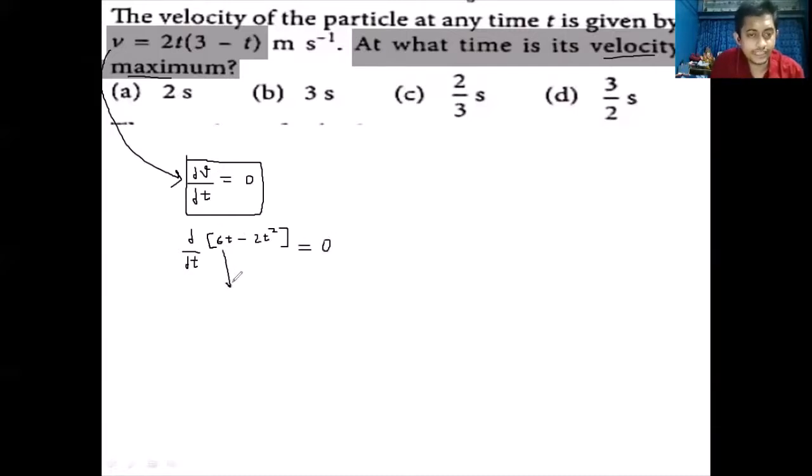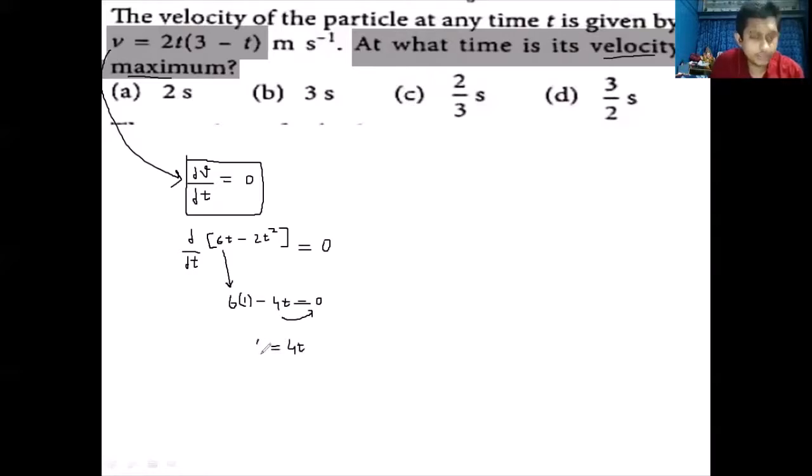The derivative of 6t is 6 into derivative of t, which is 1, minus the derivative of 2t square, which is 4t, and that is equal to 0. So minus 4t goes to the right and becomes positive 4t. So we get 4t is equal to 6.